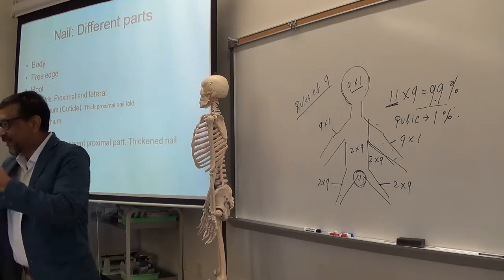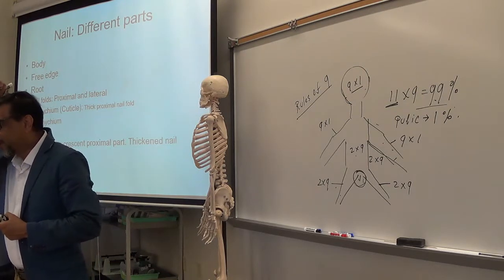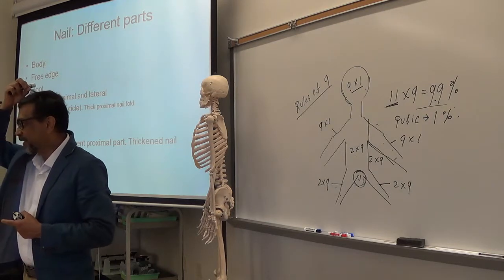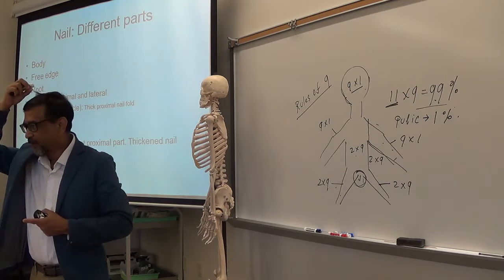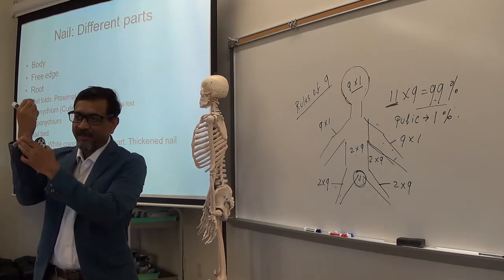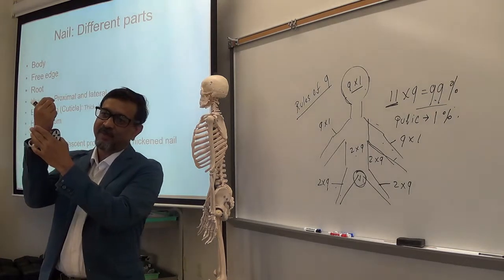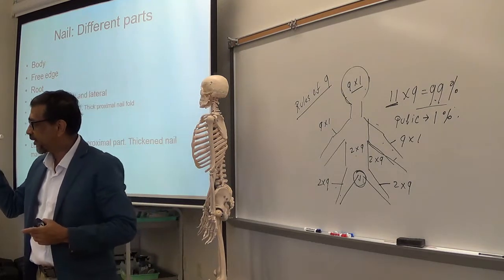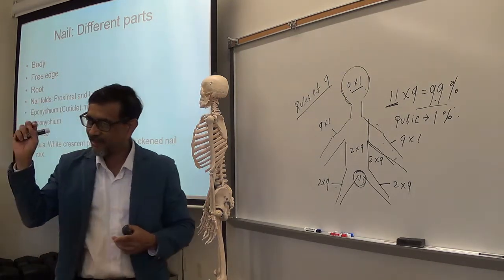Make sense? This is keratin too, but you have a lot of what? Melanin. That's why you get the color of your hair. Skin has color, right? Skin also has melanin, but nail doesn't have any melanin. That's why this is the actual color.